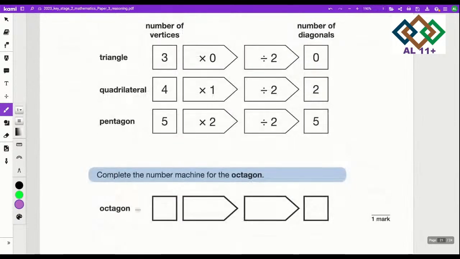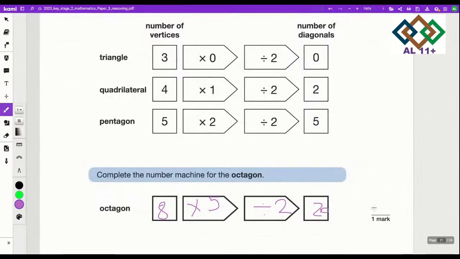So let's do this one. You'll do 8 multiplied by 5 divided by 2. What does that give you? That gives you 20. So that's the answer for this one.